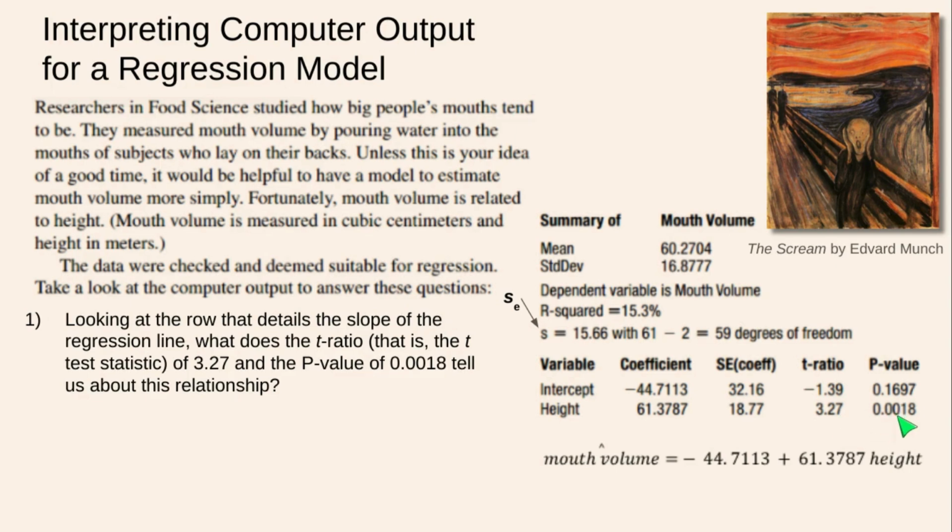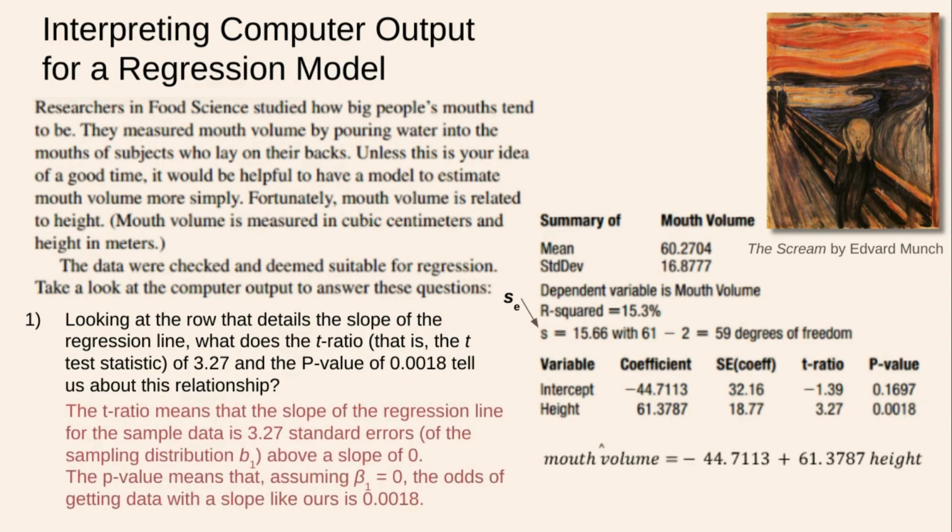All right, so that's where we find these in the computer output. Now, what do those mean? The t ratio, that is the t-test statistic, this 3.27, means that the slope of the regression line for the sampling data is 3.27 standard errors of the sampling distribution of b1 above a slope of 0.